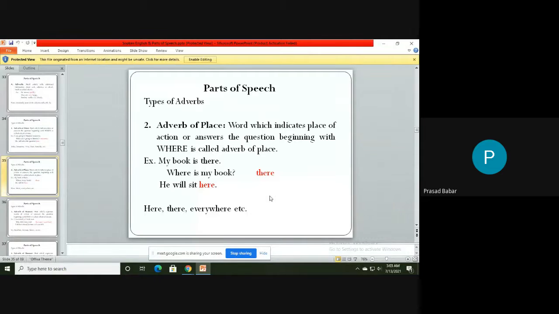So how can we identify the adverb of place? We can identify it with the indicators of that adverb.